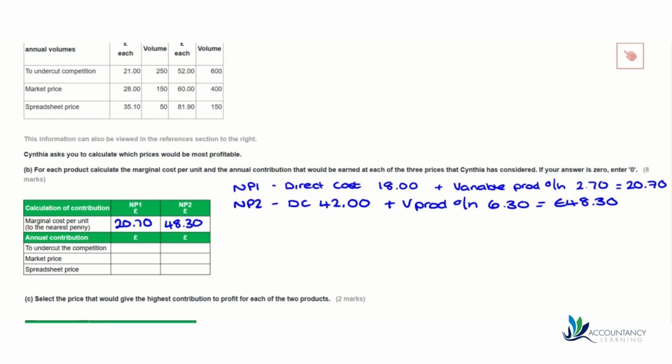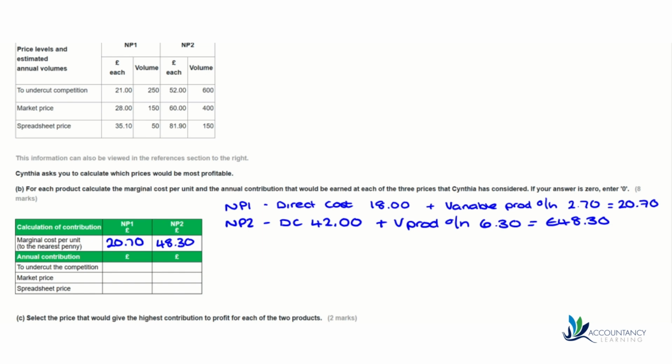We then need to look at the annual contribution that will be earned for each of the 3 prices that Cynthia has considered. So first of all, we're going to work with NP1, and we've got a marginal cost per unit here of £20.70.